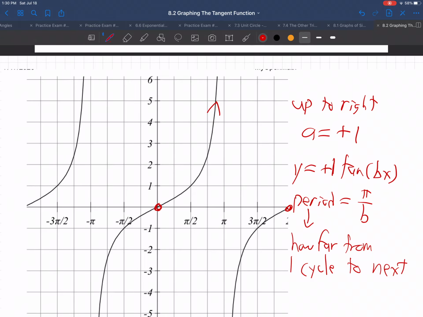This is pi. That's 1, 2, 3, 4 steps to pi. This must be 2 pi, and that must be right where it hits. So from there to there, that's the period. That's the width of a whole cycle. How far between cycles? 2 pi.